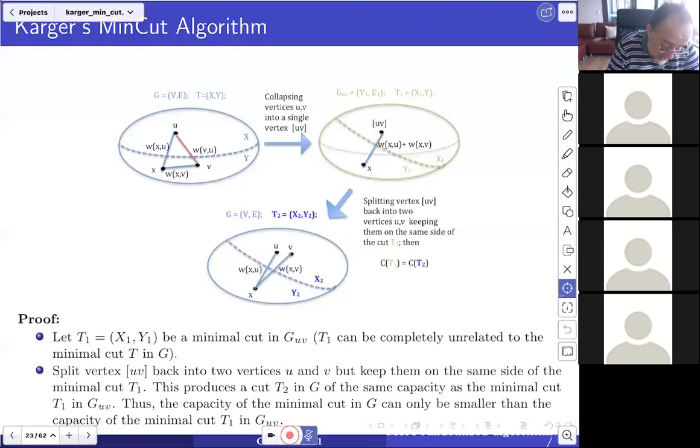So maybe this is no longer the min cut in the new graph.